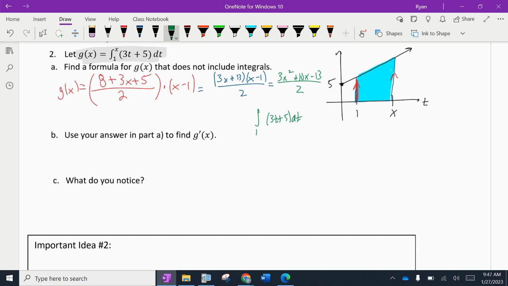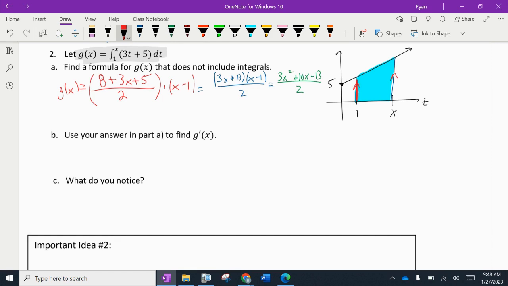I could even go from 1 to say -4, which would make it go backwards. And what do you think would happen to that value we'd be getting out of it then? It becomes negative because it's like you're walking backwards and you're accumulating negative area because all of those ultra thin widths would be negative values. But that's essentially what we've got right here. We have a way to find the area under this curve from 1 to any number. That's what we have.